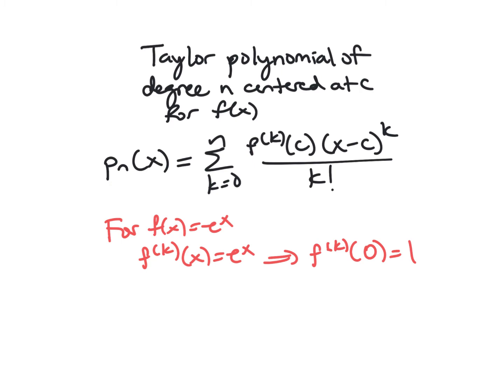And so this exactly works there. And the idea in general, again, is that we're trying to make successively each of the derivatives match up with our function, right? So we start by agreeing at the point, then we want the slope to agree, the concavity, the third derivative, the fourth derivative, and so on at our center. And this leads to more accuracy for points close to the center.